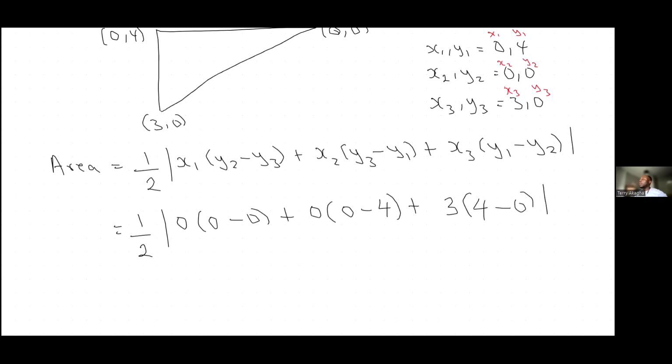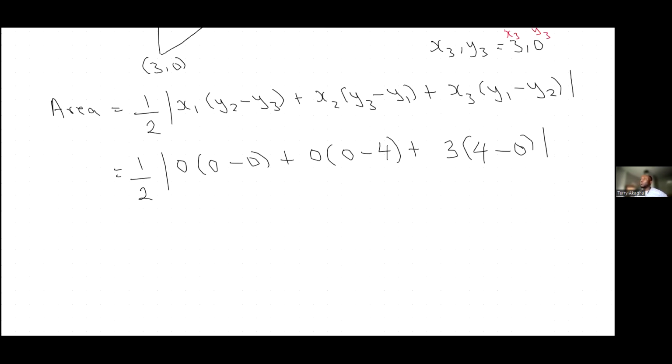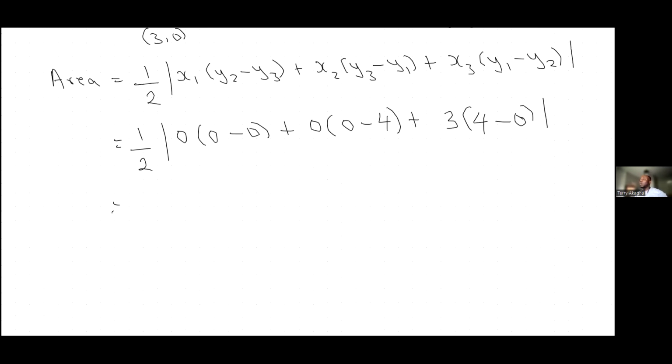Okay, and then when you now solve this, you're going to have 1/2 into bracket. 0 minus 0, all this is going to give you 0, plus, because 0 multiplied by minus 4 is going to give you 0, plus 3 times 4 will give you 12.